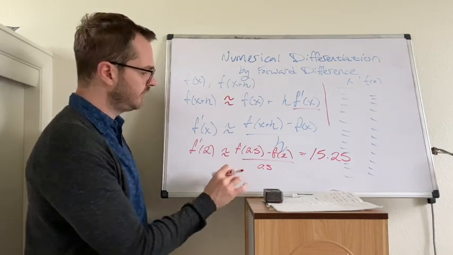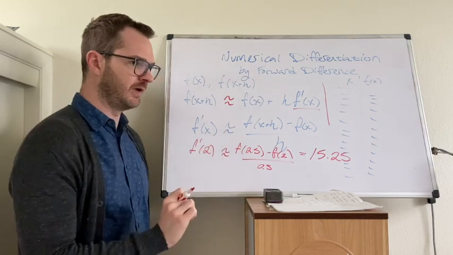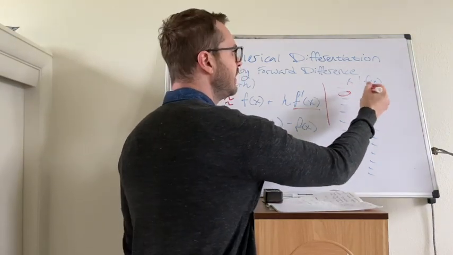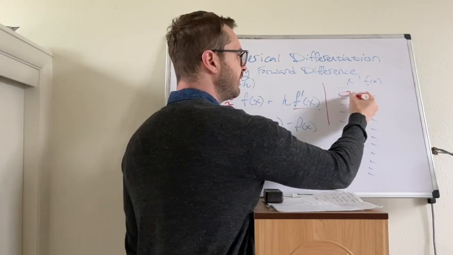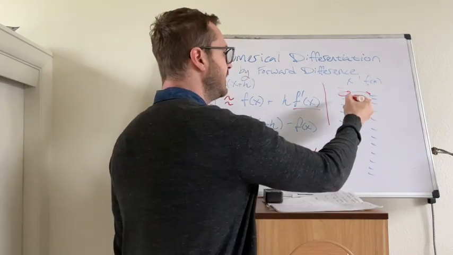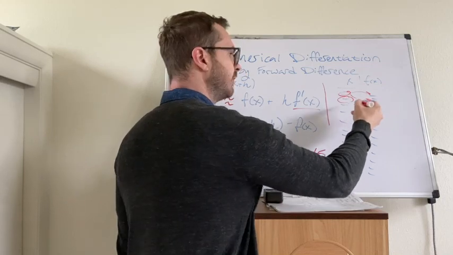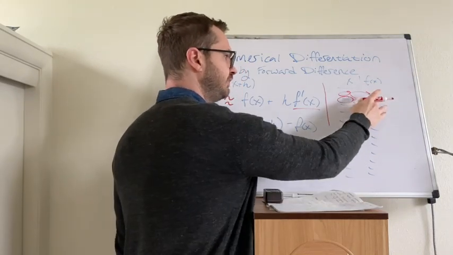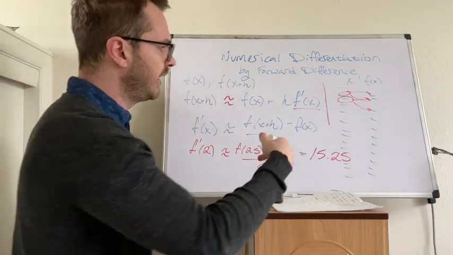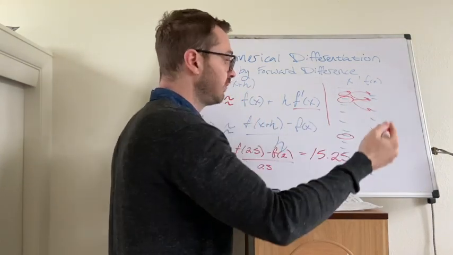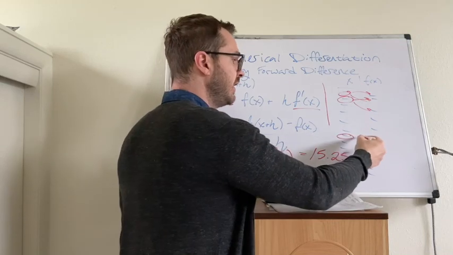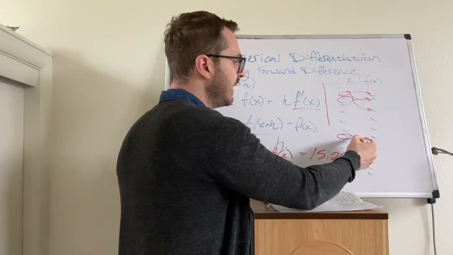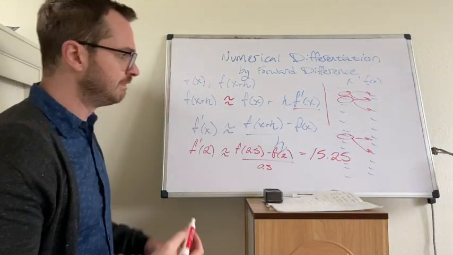It required us to use the point in front of it. So if we wanted the slope at the very first term, it would require that we use the first term and the term in front of it. If we wanted the slope on the second term, it would require the second term and the third term. Let's say this is the 10th data point. It's going to require f of x10, and it's also going to require the 11th.